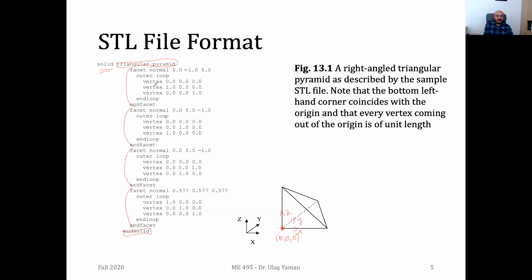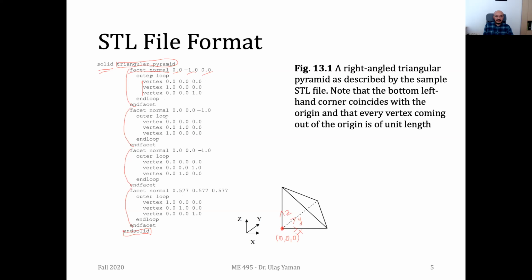Let's focus on one of them. At the beginning of the triangle definition, we write the normal of the facet. This is the first value: x, y, and z. These are unit normal vectors, which means that you cannot have values greater than 1. And then after the normal is defined, you start writing the vertices.